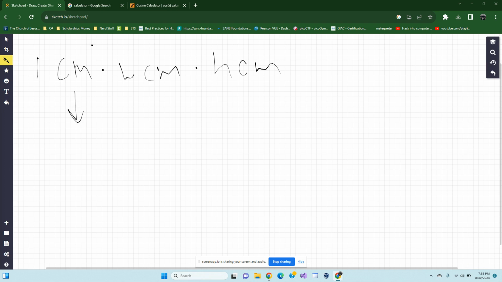There's no squared or cubed or 4 in the exponent. You can convert them all to inches first.